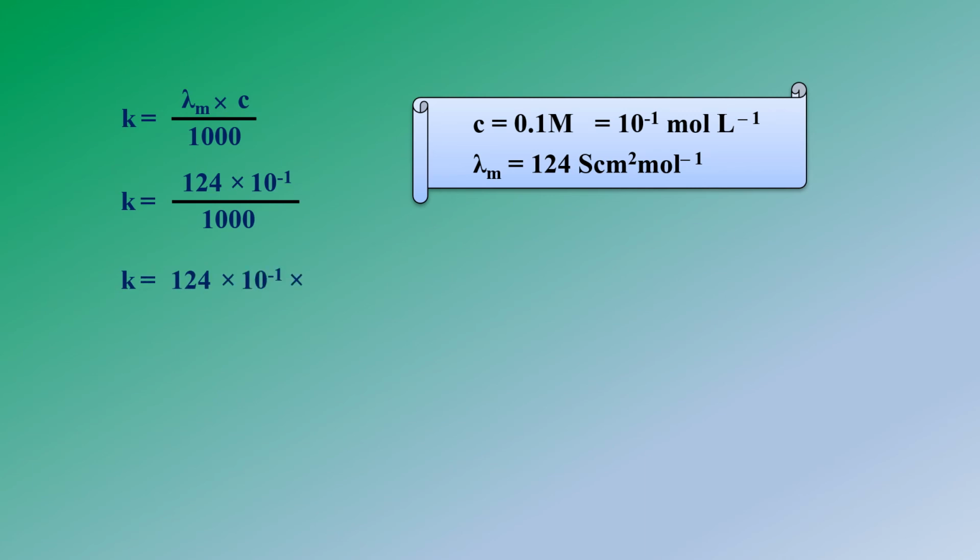K is equal to 124 into 10 to the power minus 1 into 10 to the power minus 3. 1000 is taken upside, it will become 10 to the power minus 3. K is equal to 124 into 10 to the power minus 4. Therefore, K is equal to 0.0124 Siemens per centimeter.